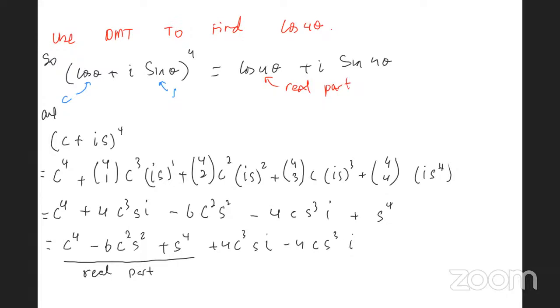So therefore, cosine 4 theta is equal to cos to the 4 theta minus 6 cos squared theta sine squared theta plus sine to the 4th theta.